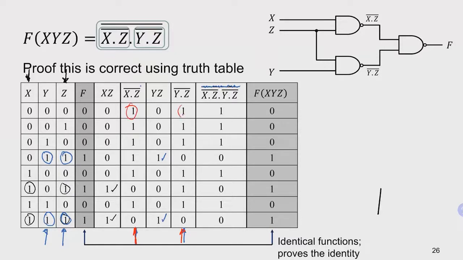So when both columns are 1, it gives us a 1. And then the final output function is the inverse of these columns here. Then we're showing that these two columns are identical. So that proves that this circuit is doing exactly the same as what is given in the original truth table.